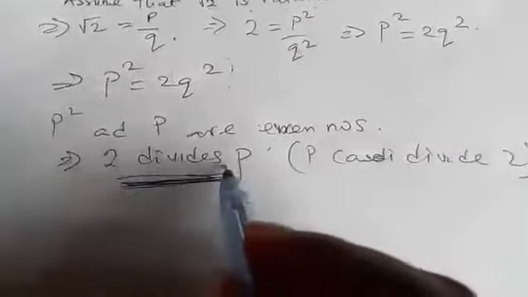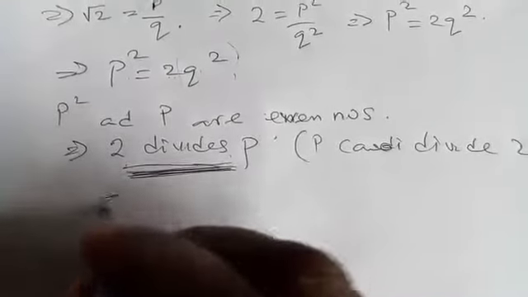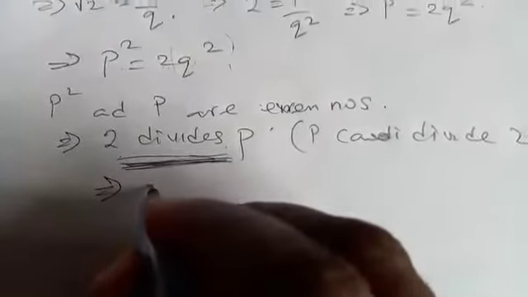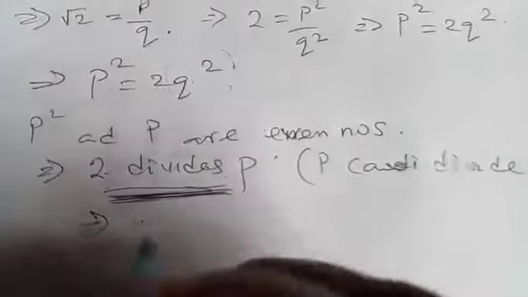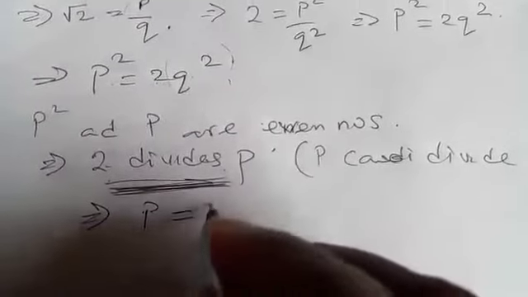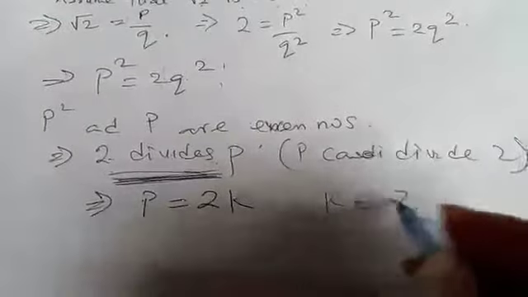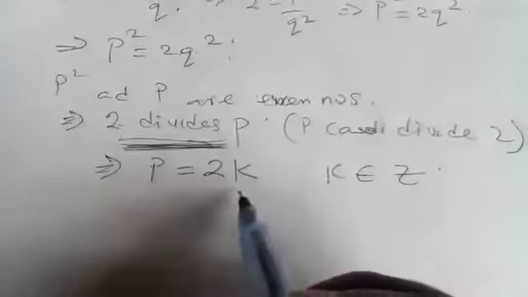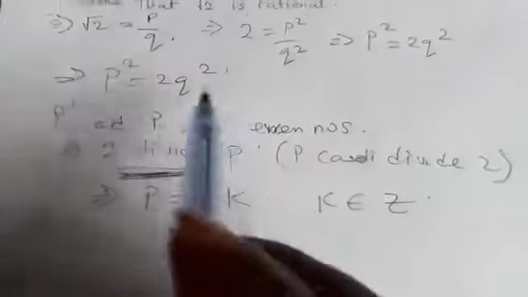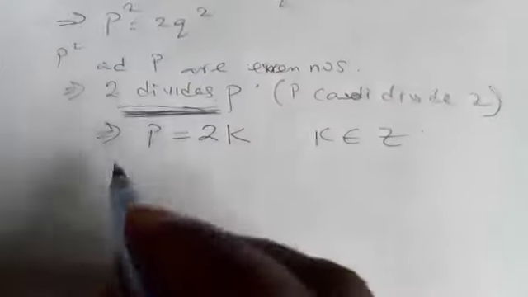Anytime they say 2 divides P, we normally write it like this under abstract algebra. If they say that 2 divides P, it simply means that P can be written as 2 times, let's say, K, where K belongs to the integers. So let's put it here.